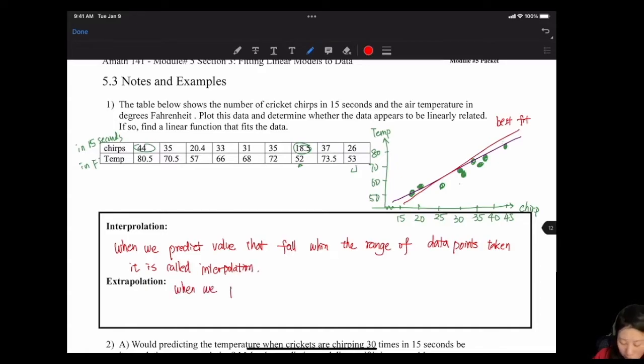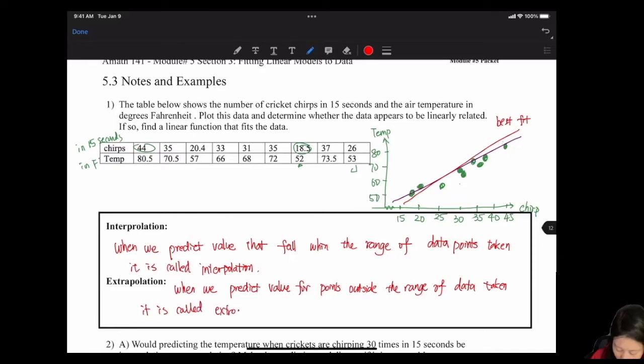When we try to predict the value for points outside the range of the data taken, it is called extrapolation.